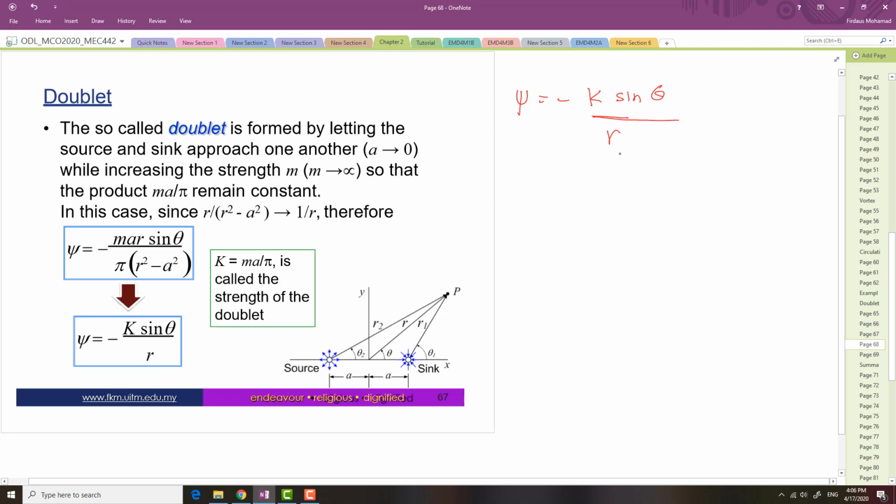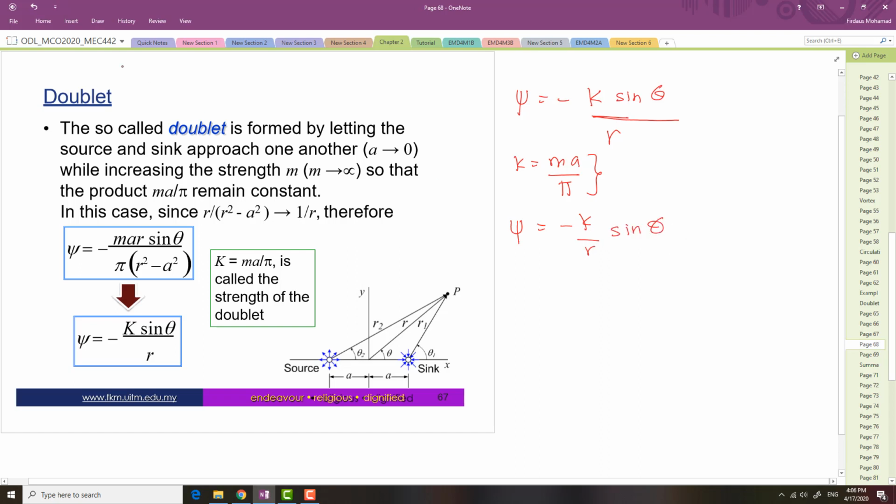Okay, negative k sine theta over r, where k is equal to m a over pi. So this k is called the strength of the doublet. And now we obtain psi, which is negative k over r sine theta.